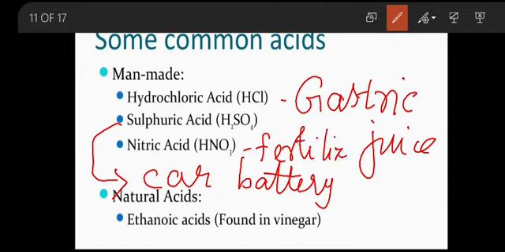I hope you know what is meant by fertilizers, children. That is the substance which is added for the growth of crop and for the better development of the crop. Ethanoic acid is found in vinegar. We also call it acetic acid. Ethanoic acid is also called acetic acid.